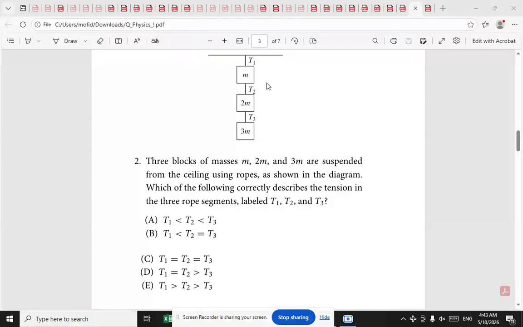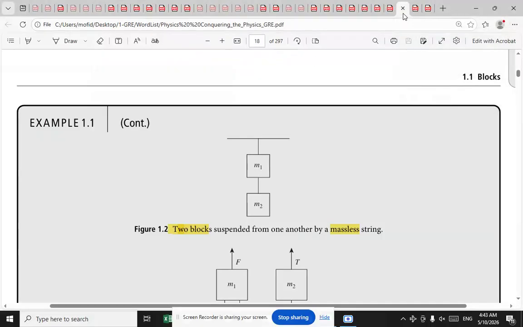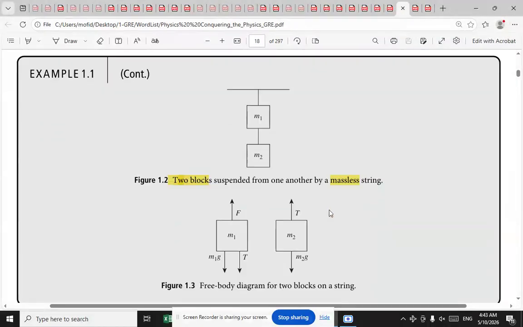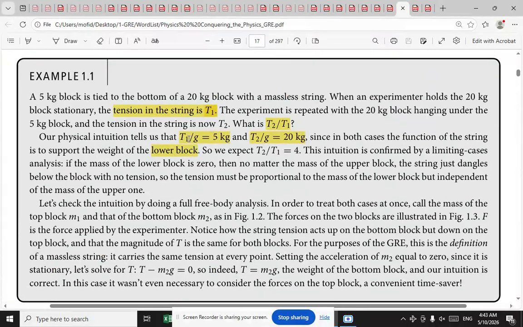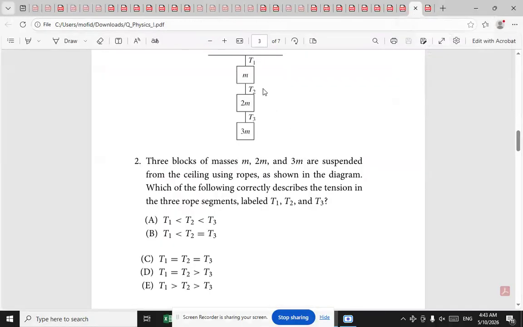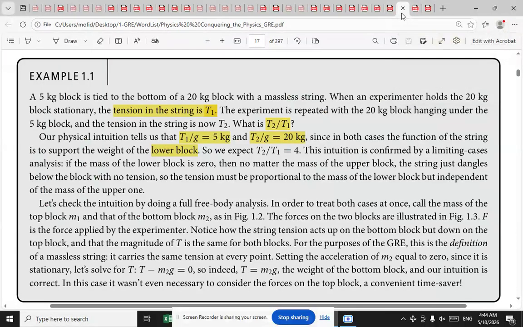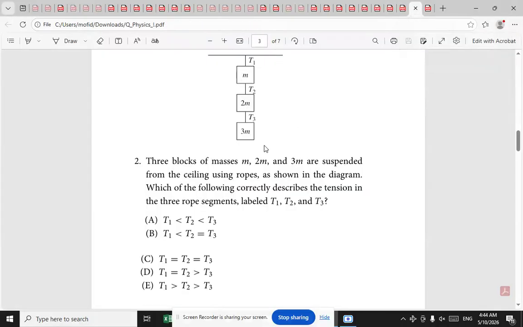The first thing is the string tension relation, as in the examples we see in the physics GRE: the string tension divided by gravitation is equal to the mass. So if we want to solve these, for example, T1 is equal to m divided by g.